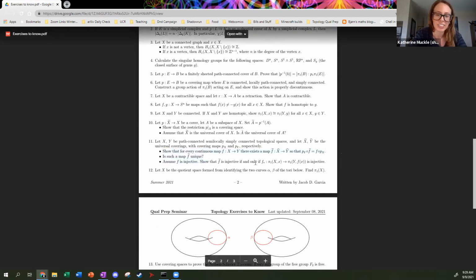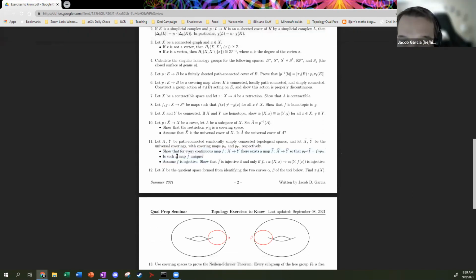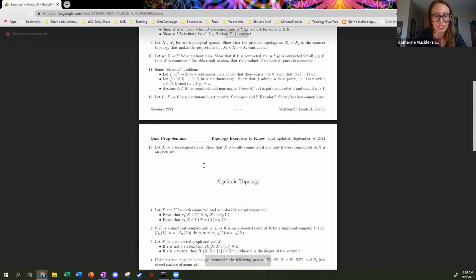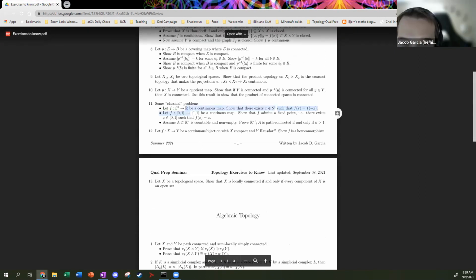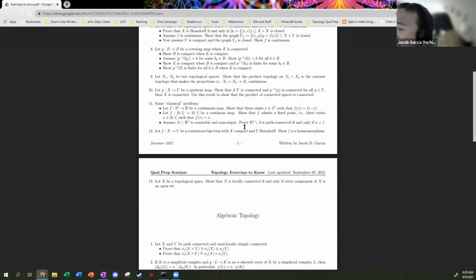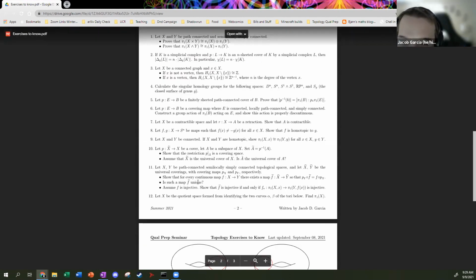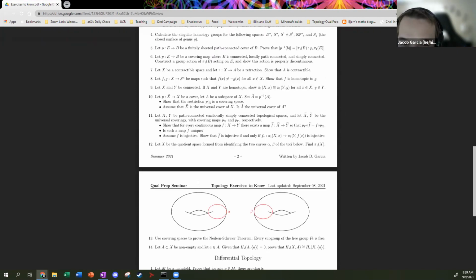Okay, it's great. Okay, so this makes a lot more sense because I was looking at these and I was like, all of these codomains are simply connected, so I don't know how you would lift to something. Okay, let me read this problem and see what's going on. Path connected, some of these. Okay, I now understand.